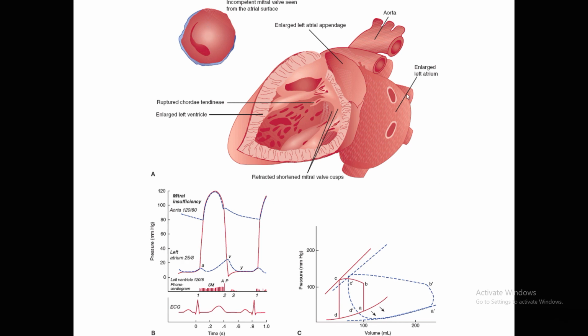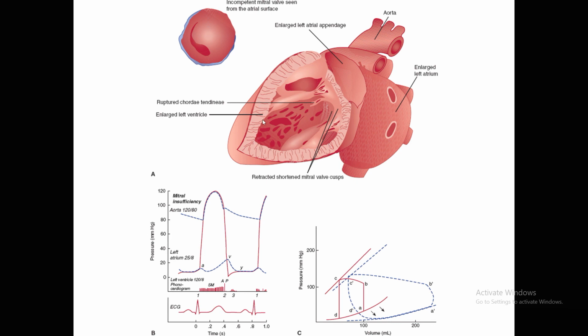In addition, due to the increased volume of the blood in the atrium, the filling of the left ventricle is increased. The end diastolic volume in the left ventricle will be increased, thus causing hypertrophy and enlargement of the left ventricle also.